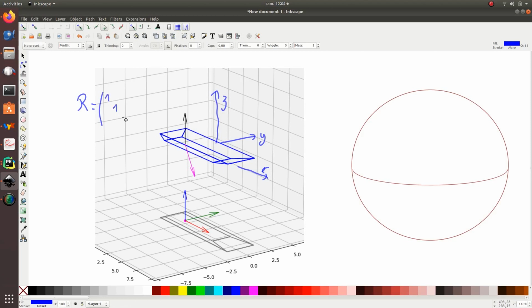So 1, 1, 1, 0, 0. Okay. Here we have the north, here the west, and here upward. This angle here corresponds to the inclination I, and this one corresponds to the acceleration A.